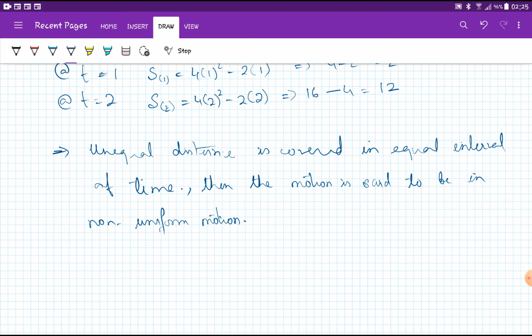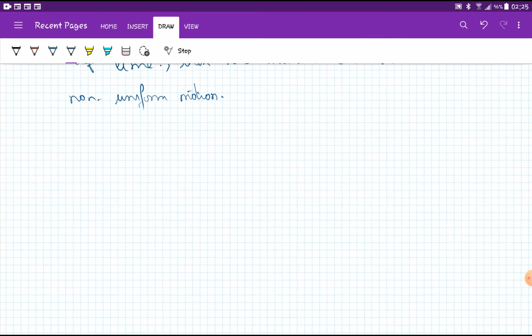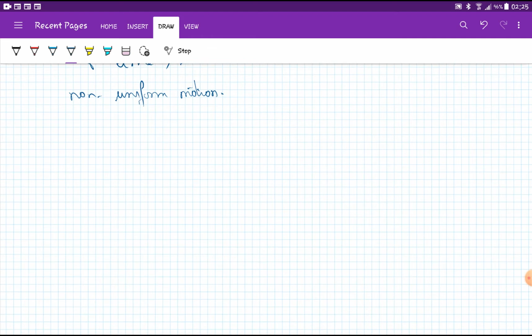Now with the help of a graph we will see different types of non-uniform motion. We'll draw a graph here. At time t1 a distance d1 is covered. Draw a point here.